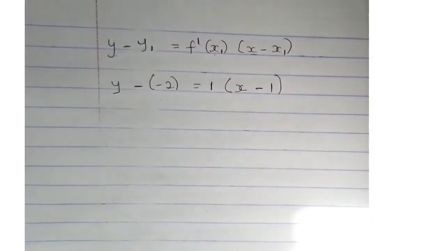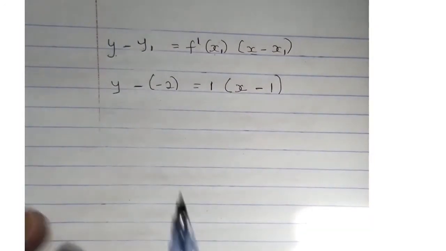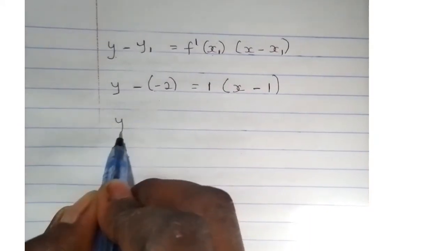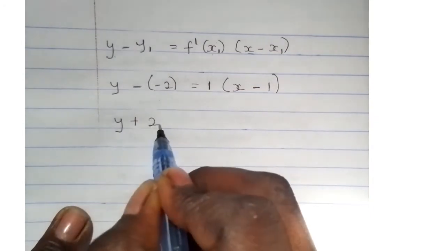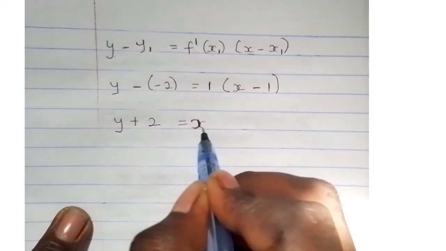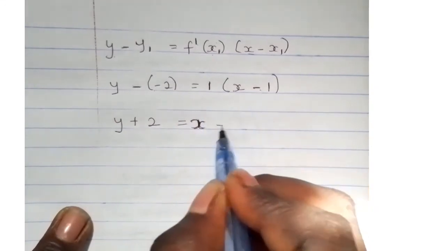So we continue: minus multiplied by minus is plus, so we have y plus 2 is equal to 1 times x, which is x, and 1 multiplied by minus 1 is minus 1.